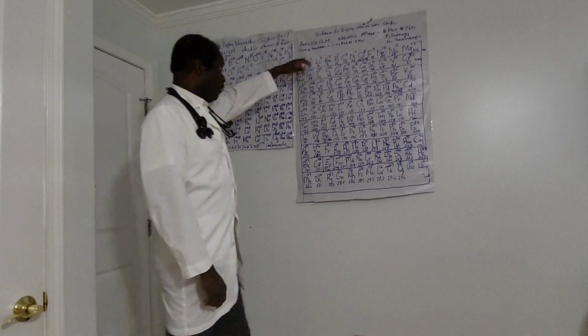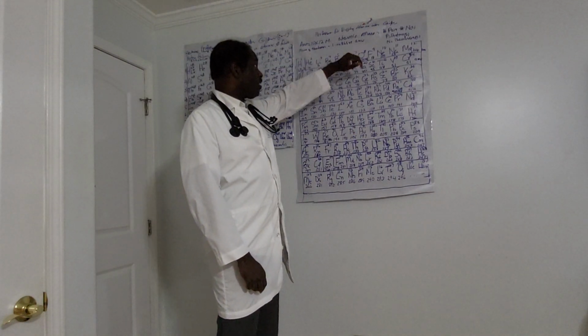The mass of a neutron is about 1.008666 atomic mass units, and we could also tell you that 1836 electrons would make up one atomic mass unit.